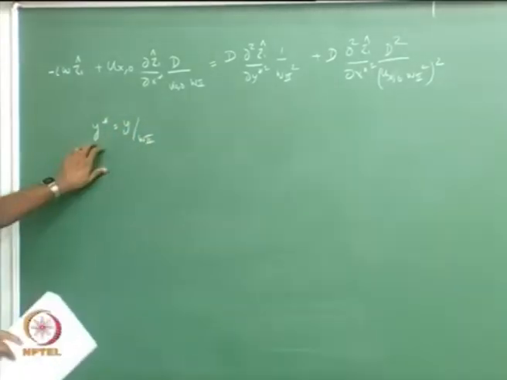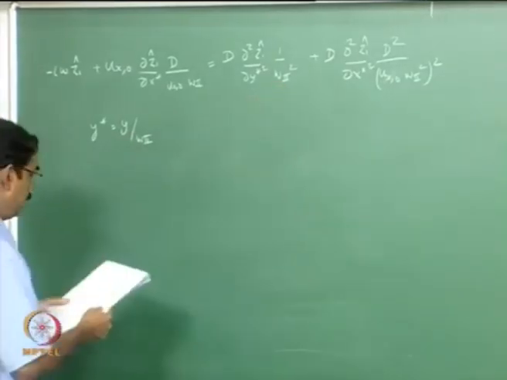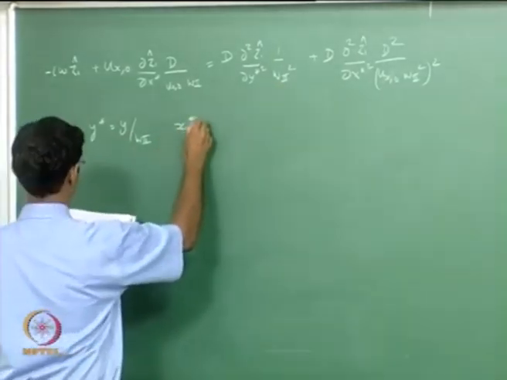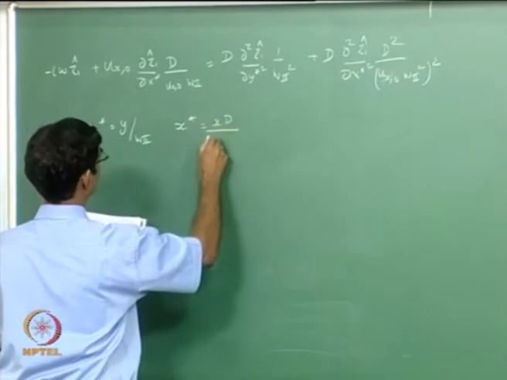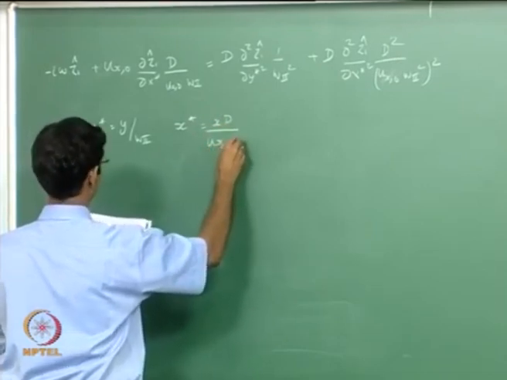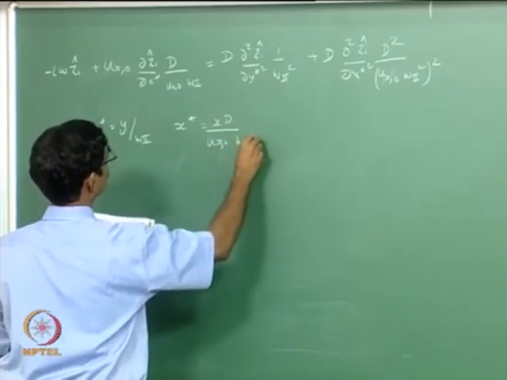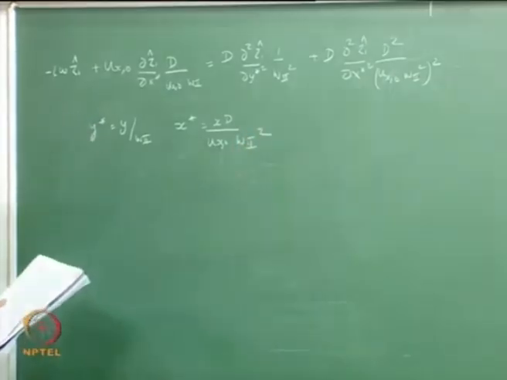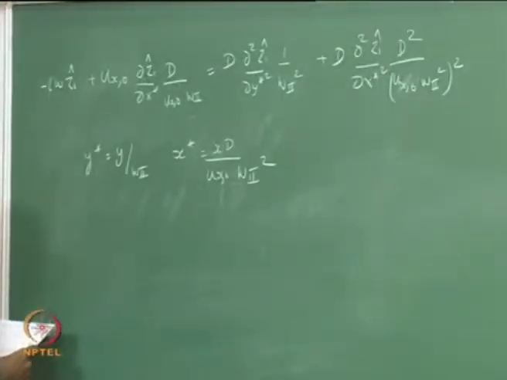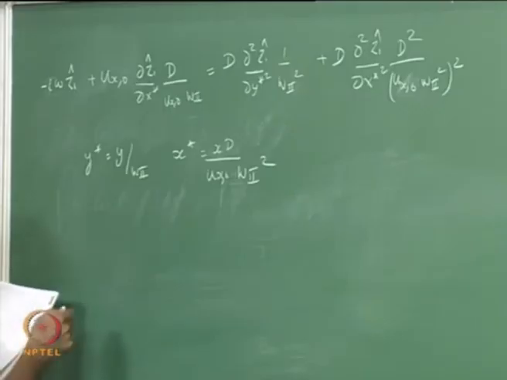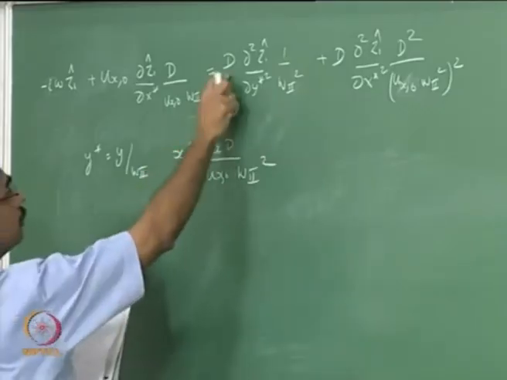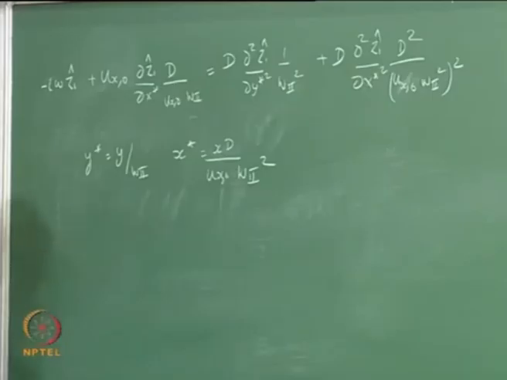That's why when we differentiate twice we get this term, and x star is x d over Ux naught W2 squared. So what I will do is to multiply by W2 squared over d, just to simplify things.